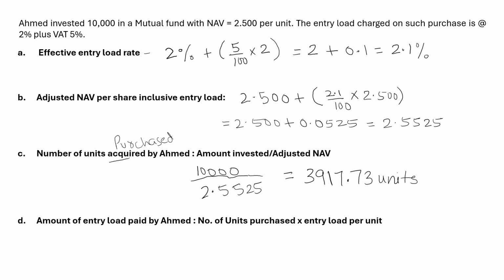The last one is the amount of entry load paid by Ahmed. What is the formula? Number of units purchased multiplied by entry load per unit.